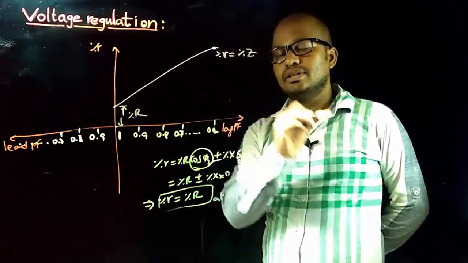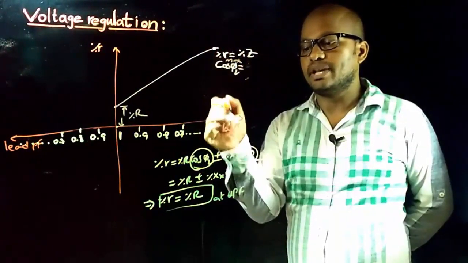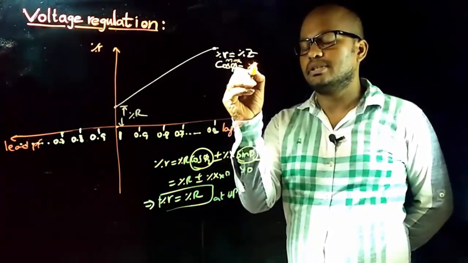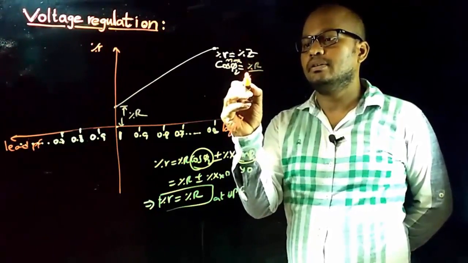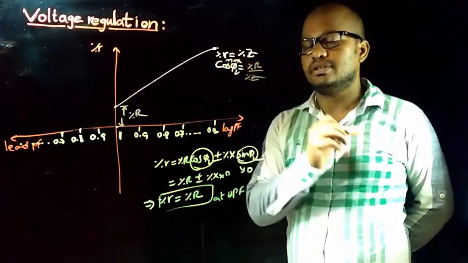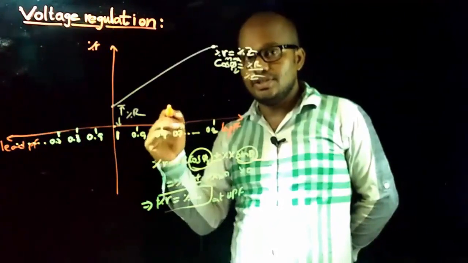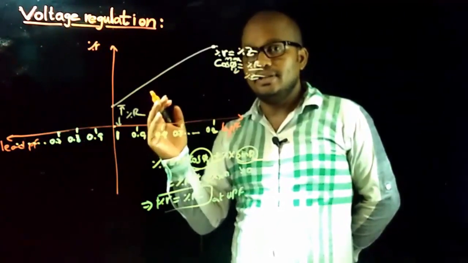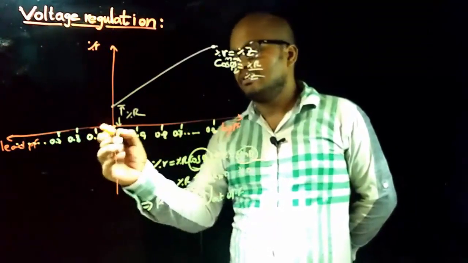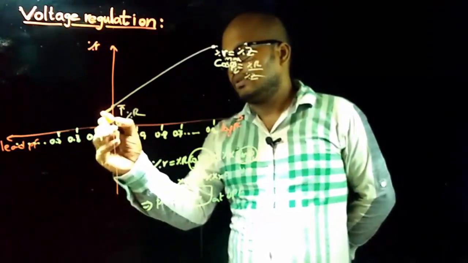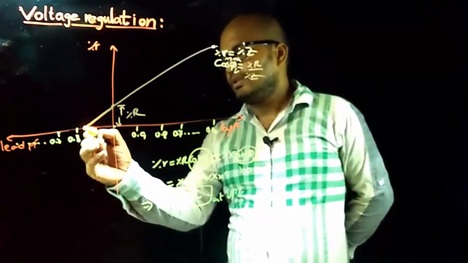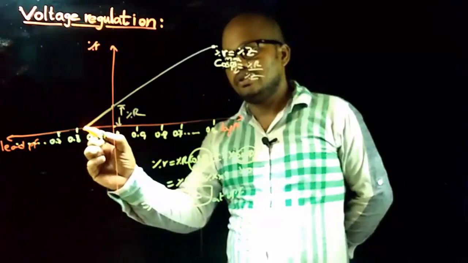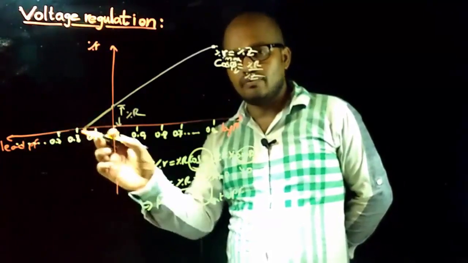The maximum voltage regulation we got is percentage Z, and cos phi 2 at maximum voltage regulation is percentage R by percentage Z. It is known that minimum voltage regulation is 0, and that is obtained at the higher leading power factors. So let this be the 0 voltage regulation, which happens at higher leading power factors.